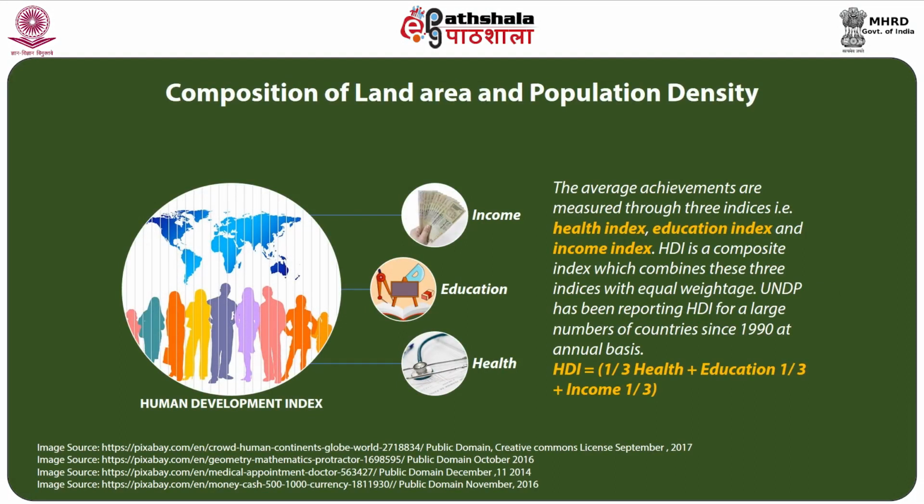HDI is a composite index which combines these three indices with equal weightage. UNDP, the United Nations Development Program, has been reporting the human development indicator for a large number of countries since 1990 on an annual basis.